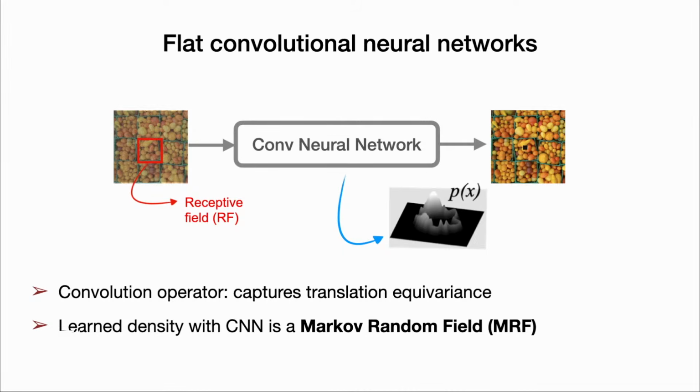I mean that if you take a pixel in the output, you can go back in the input image and look at the collection of all the pixels that contribute to the computation of this output pixel, right? That's your receptive field. And when the receptive field is smaller than the entire image, then it gives rise to a Markov random field, right? So that's how the dimensionality is being reduced.